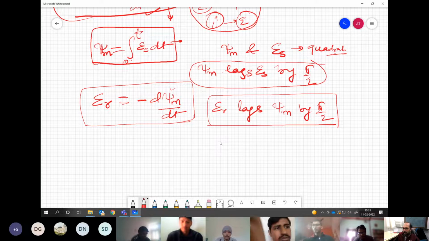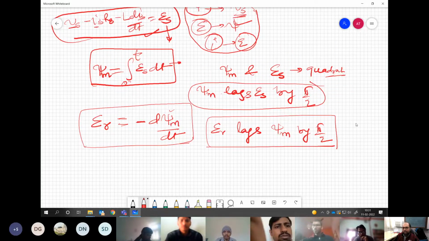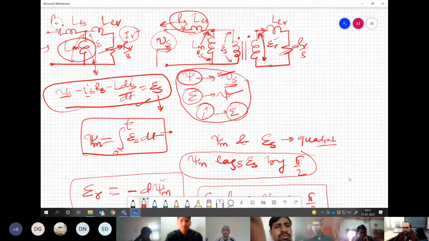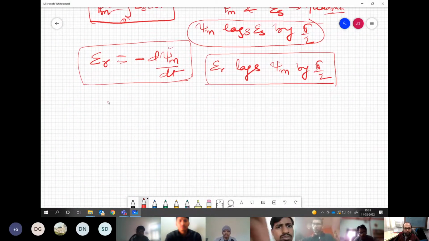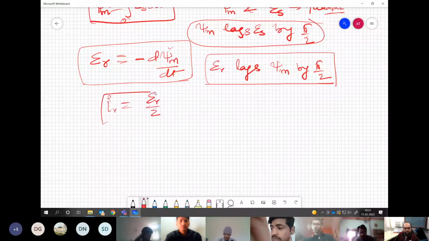See, so far, I think even the phasor diagram is not understood very properly, right? So today we are trying to understand that. We have generated the voltage on the rotor side, or on the secondary of the transformer. Now, what is the current flowing in this? Simply ER by Z, right?